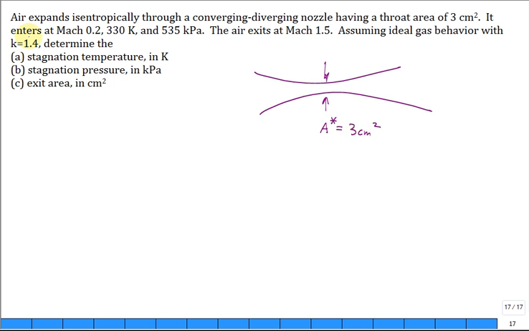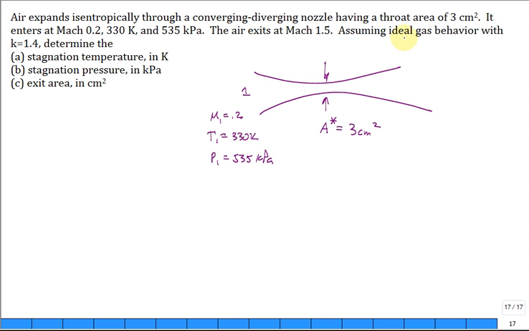It enters someplace right in here. It's state 1, and the Mach number at 1 is 0.2. The temperature at 1 is 330 Kelvin, and the pressure at 1 is 535 kPa.